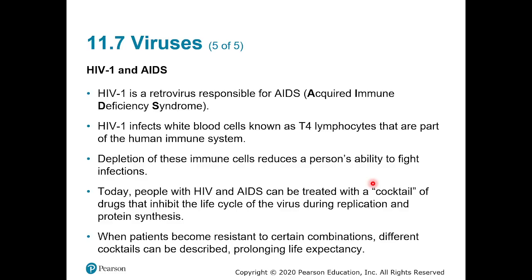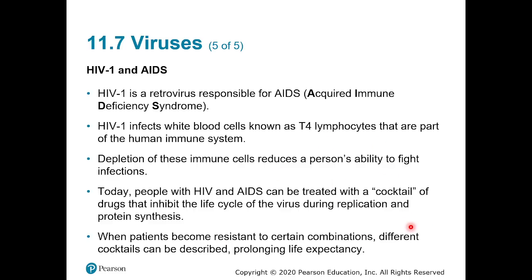Today, people with HIV and AIDS can be treated with what is referred to as a cocktail of drugs. A cocktail of drugs is just different drugs that target different parts of this process. They're all given in a certain ratio to prevent HIV from doing its life cycle. And so we're going to prevent that process of infecting and then replicating in your protein synthesis and block that.